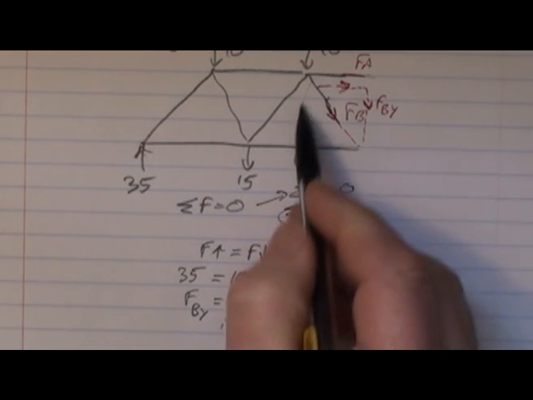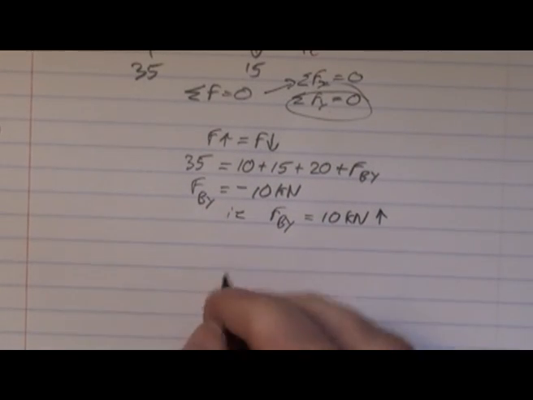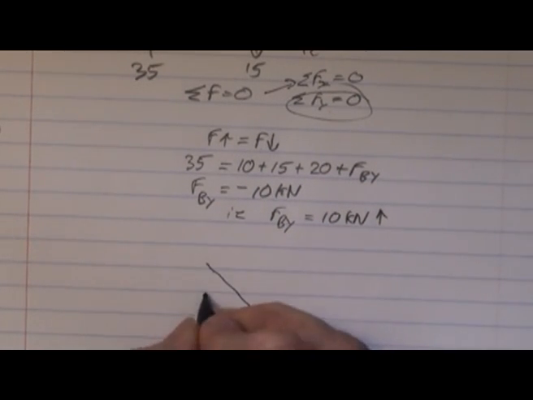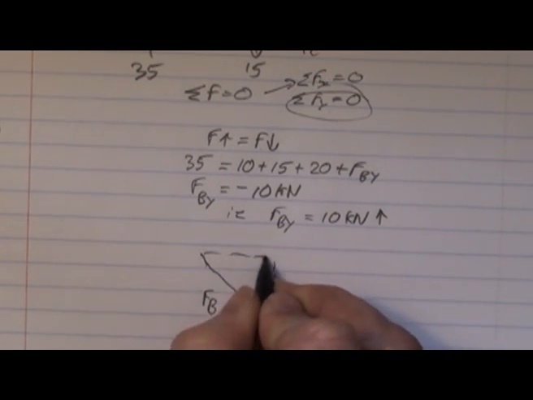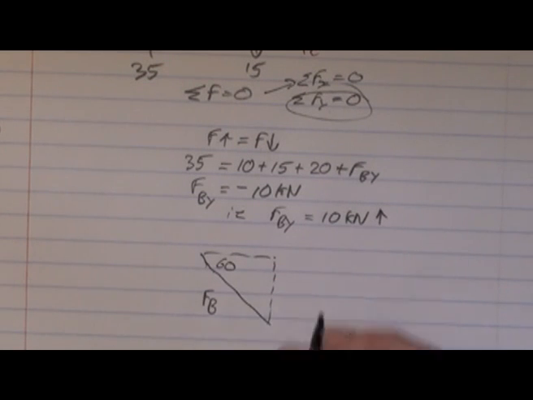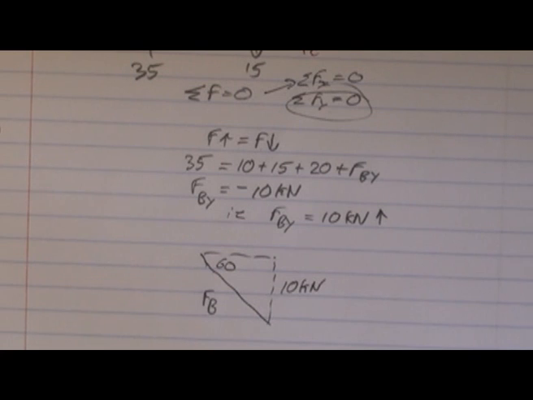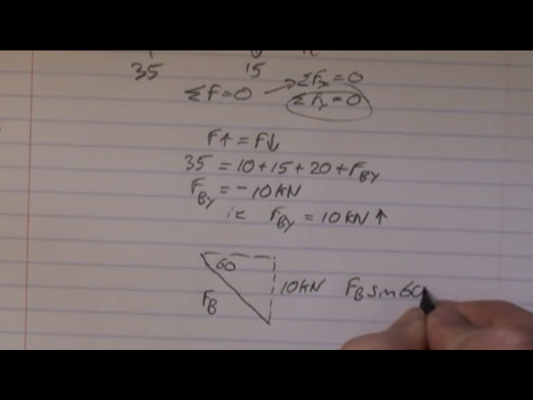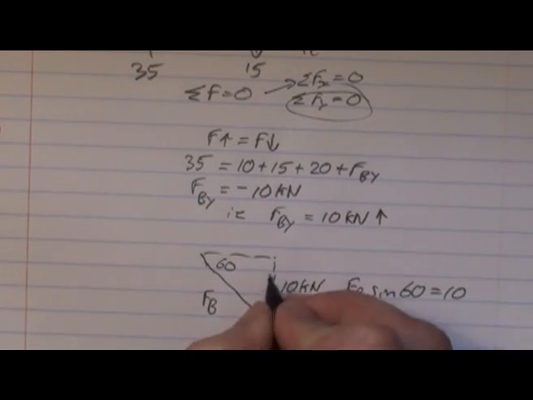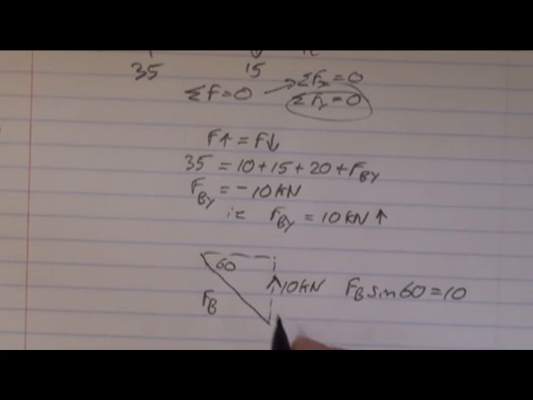So if we have a look at this little arrangement here again, just redraw that. Here's my FB, this is 60 degrees, we said this was 10 kilonewtons, this is my little force triangle, therefore FB sine 60 equals 10, we know that's going up.